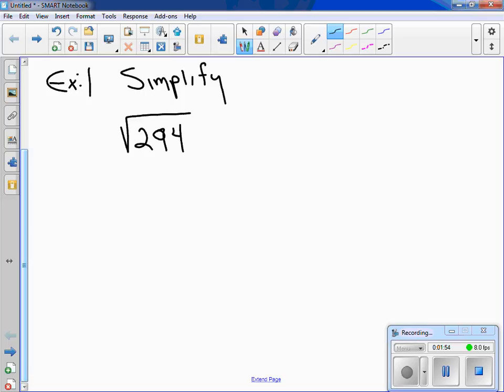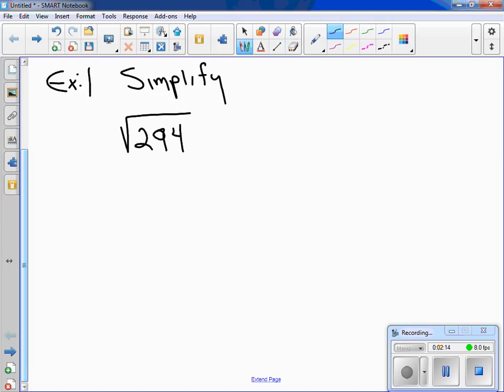When you look at this number, if you're like me, I can't think of a factor right off the top of my head. So if I go to my skills, I notice that 4 makes it an even number. So I know it's divisible by 2. And so that's where I'll start with my factorization, is to factor 294 by 2.